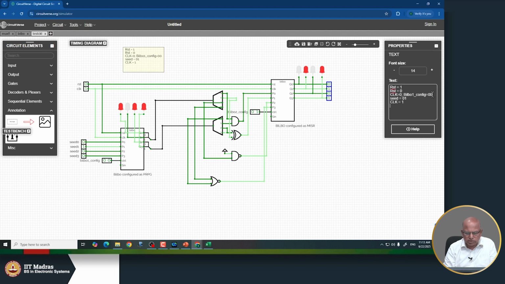So, this will load the seed into Bilbo 1. Then we make Bilbo 1 config to the 1 0 for PRPG.